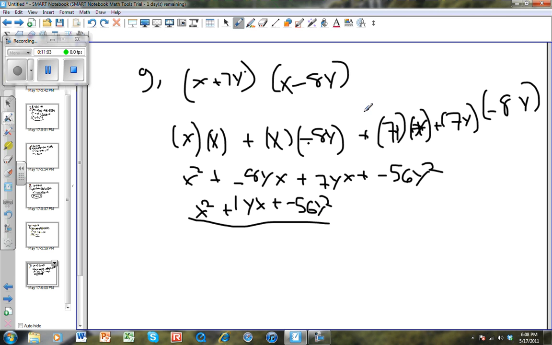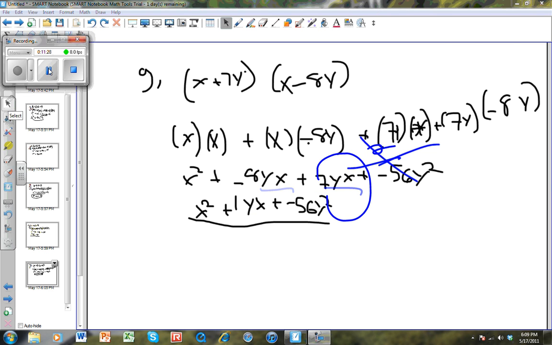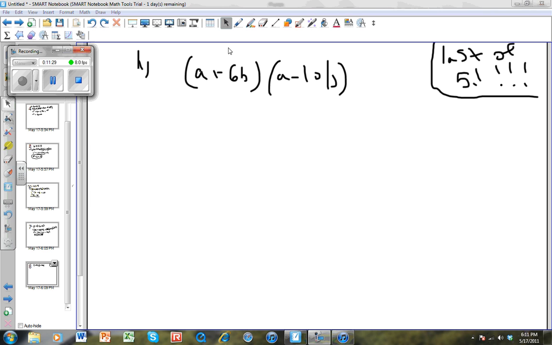Because when there are two y's, you square it, and you add negative 8 and 7, which becomes 1. And then yx, because it's yx on both sides, but you don't square that. Don't square it.